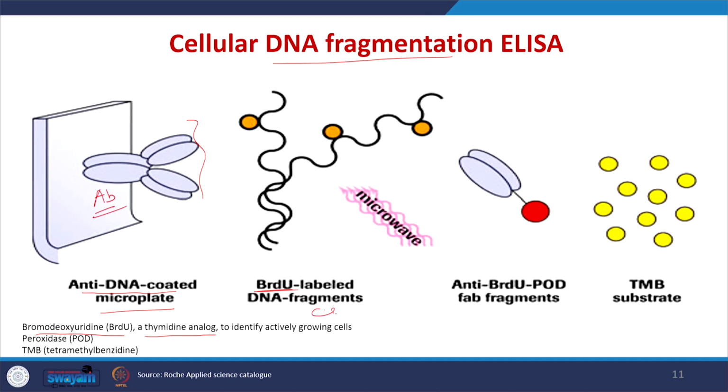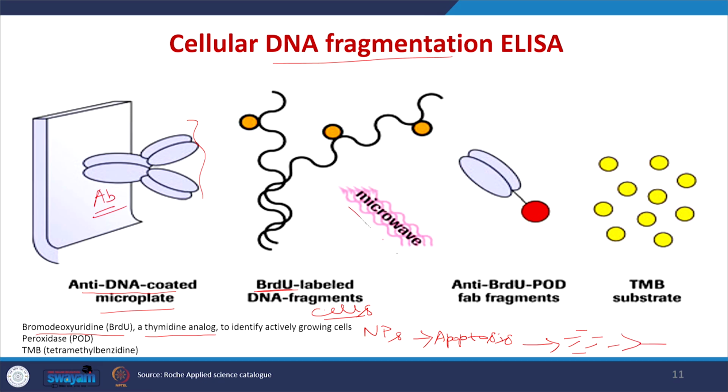Once the cells are treated with the nanoparticle, the cells undergo apoptosis. During apoptosis, the cellular DNA will be fragmented into small fragments, and this can be detected using the antibody specific for this DNA.